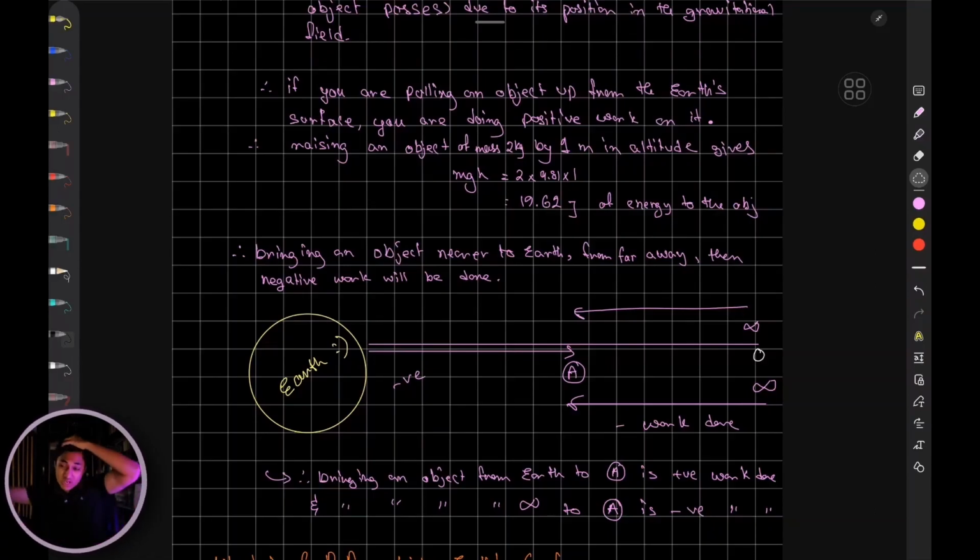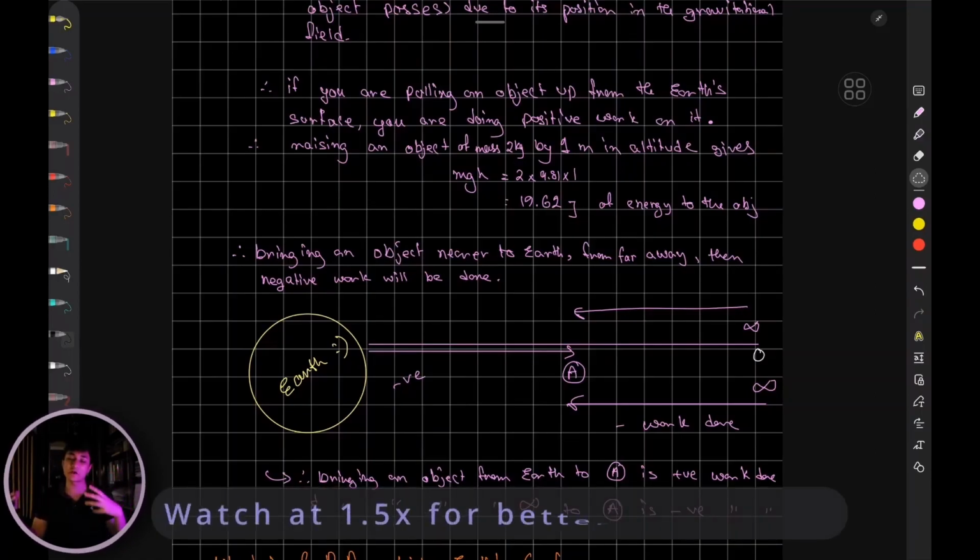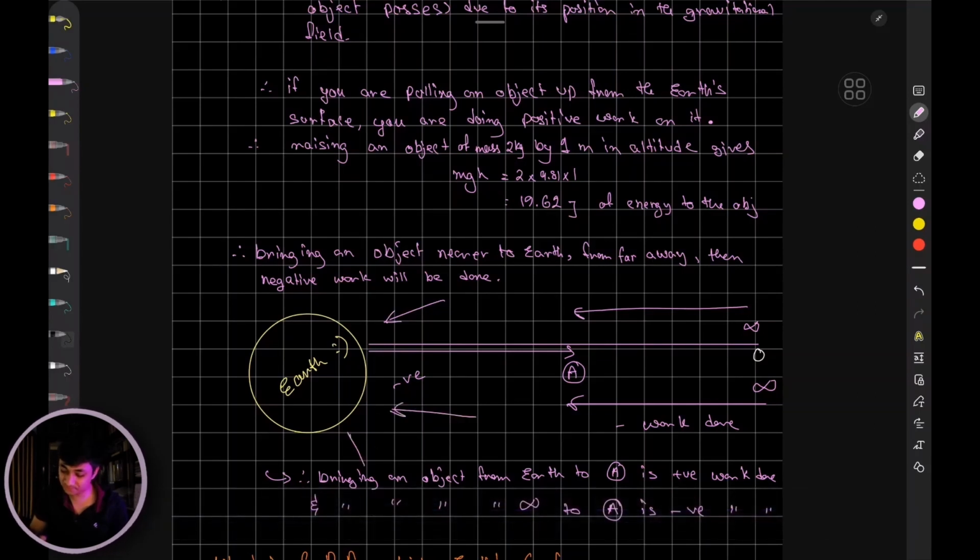Because bringing an object from infinity to a point near the surface, you don't need to do any work. The work is done by the gravitational force. Since it is an attractive force, you don't need to work against the force to bring it closer to the surface.